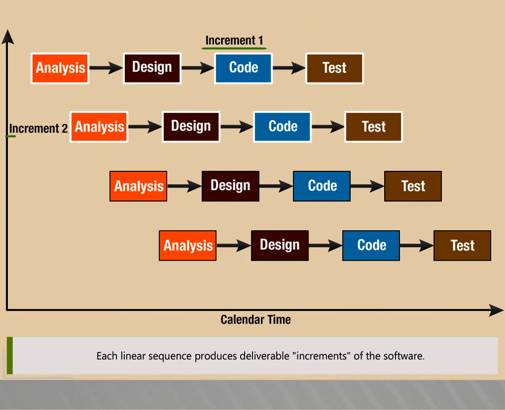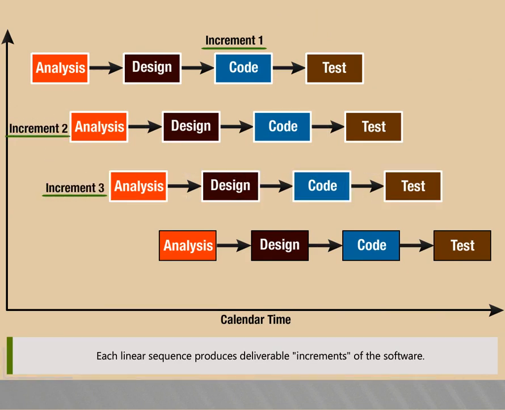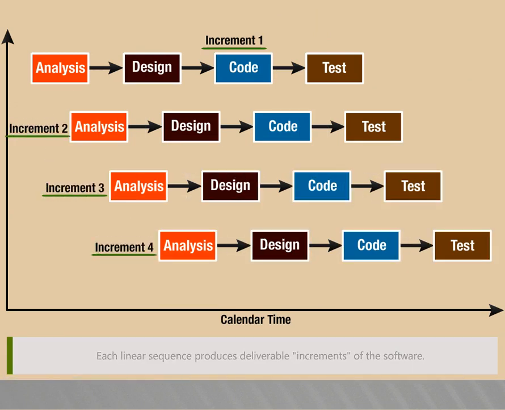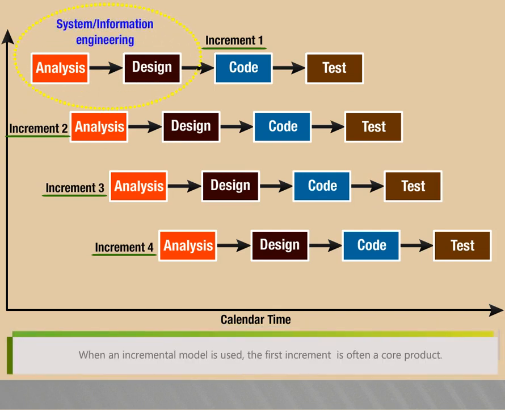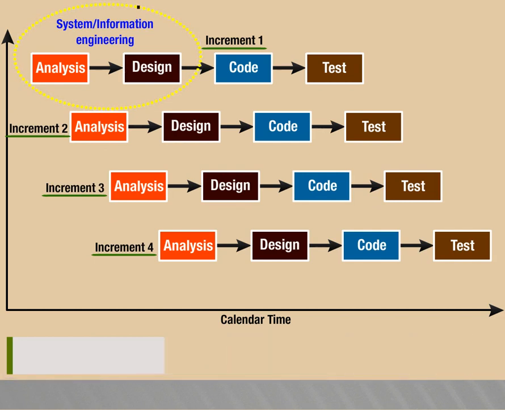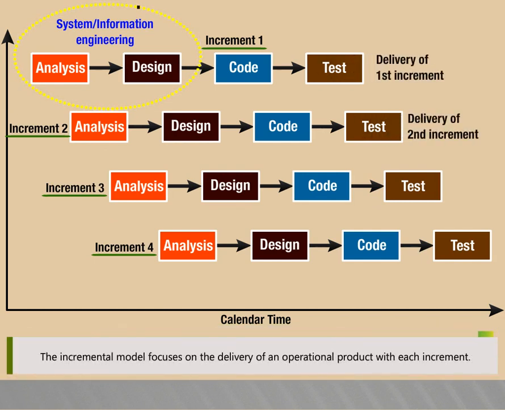Each linear sequence produces deliverable increments of the software. When an incremental model is used, the first increment is often a core product. The incremental model focuses on the delivery of an operational product with each increment.